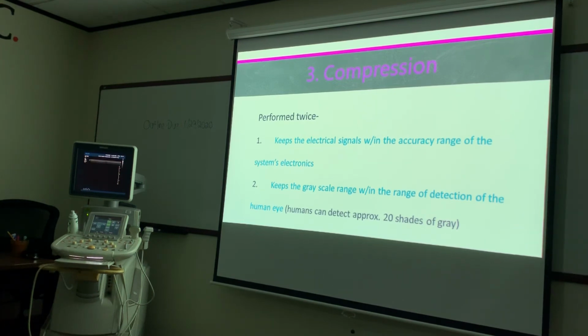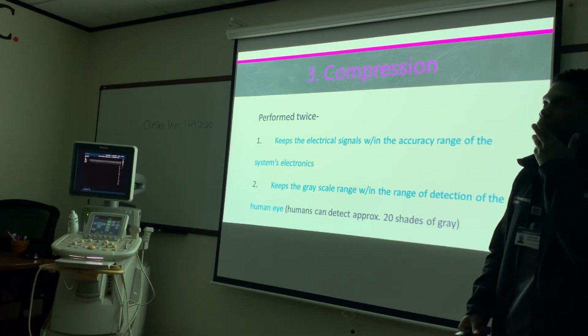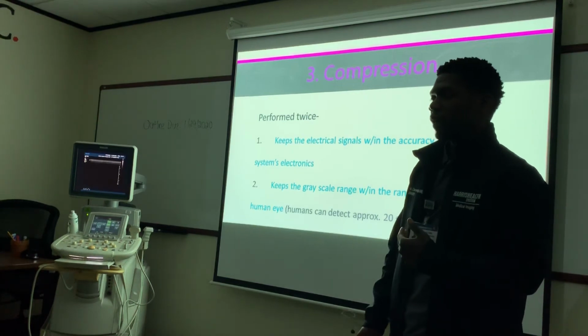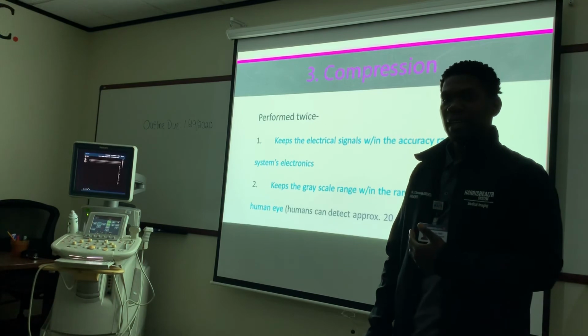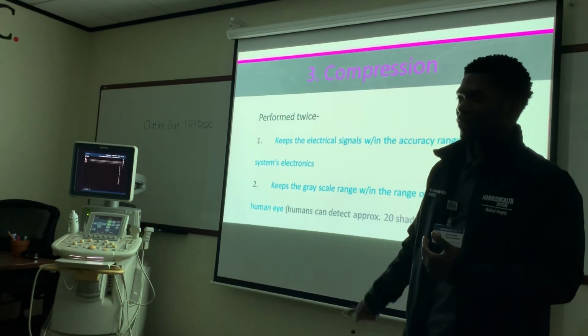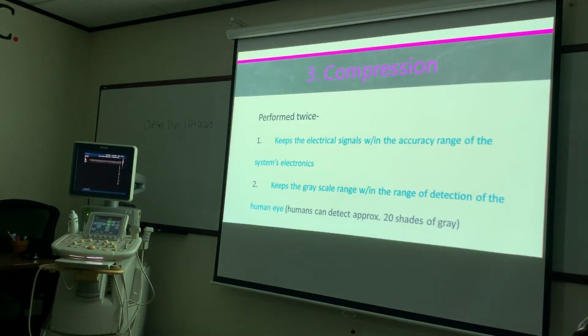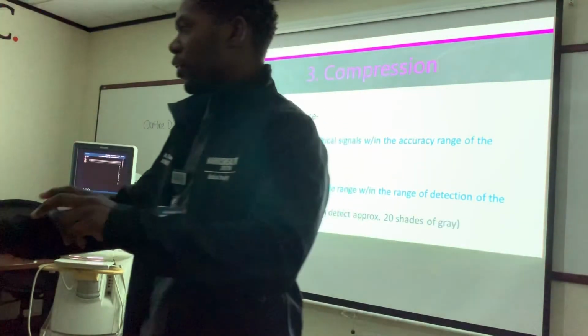And the second one keeps the grayscale range within the range of detection of the human eye. How many shades of gray can we see? We can only see about 20 shades of gray. We learned that in intro, if you remember that far. The human eye can only detect approximately 20 shades of gray, so we can't have all of these grays going on because our eyes won't be able to differentiate between those shades.